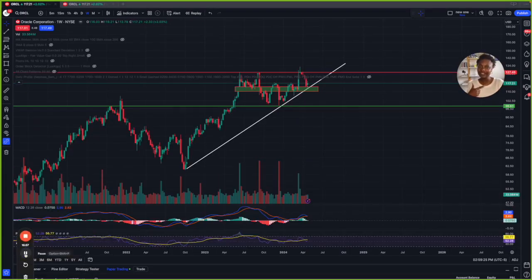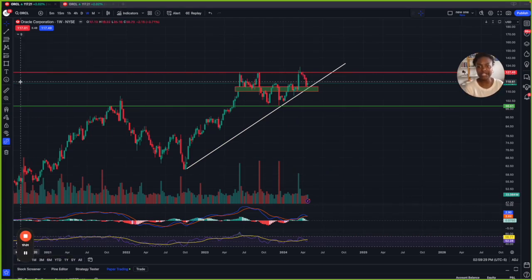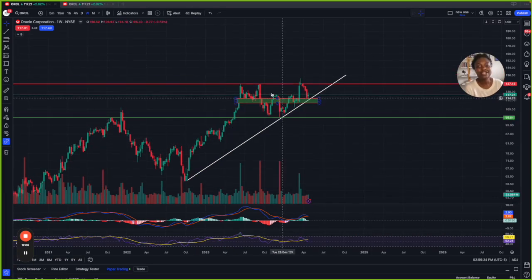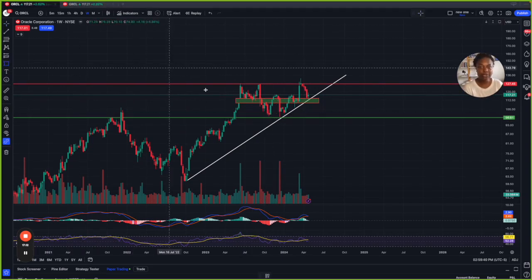All right, so first off, we have Oracle, which when I pulled this up, I just immediately said, oh, I like what I see. So I did see this double bottom here, which I know a lot of people don't trade with chart patterns or hold too much weight to them.